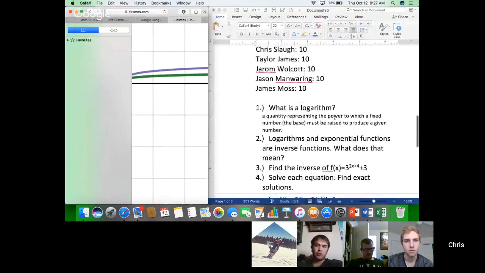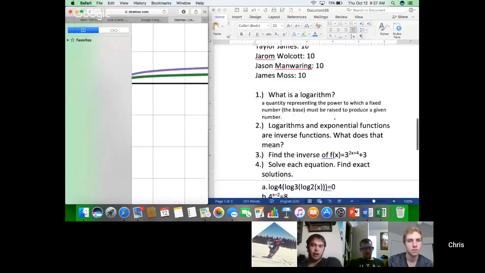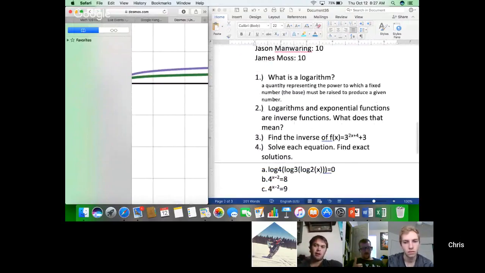I looked on Google and they gave an example of log 100 equals 2. That's because 10 squared equals 100. So 2 is your quantity because it's the power to which a fixed number, in this case 10, must be raised to give a number. So 10 squared equals 100.